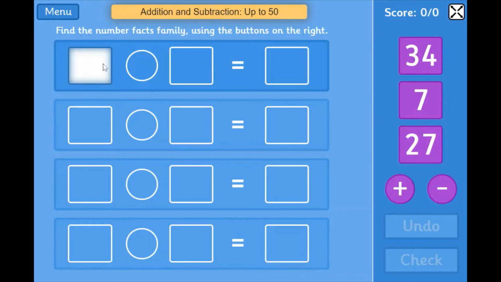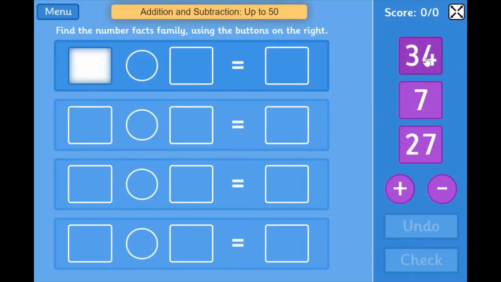Now, one box is highlighted on the top left over here, it's white, and you need to click on the number or the sign that you want to go into that box. Okay, you don't drag it and drop it, you click on it depending on which box is selected. Okay, so you can do your two addition calculations first, or you could do your 2 subtractions. It's up to you, but you just go through.